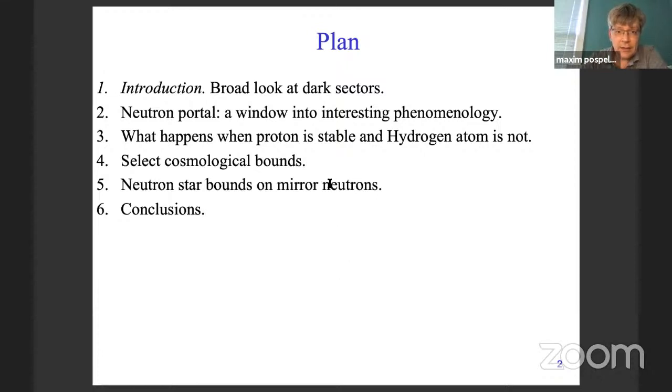Then I will discuss an exotic situation when the proton is a stable particle, but the hydrogen atom is not, and what kind of constraints one can impose from the existing data. And then we'll describe some cosmological bounds on this model that are there and easy to pick.